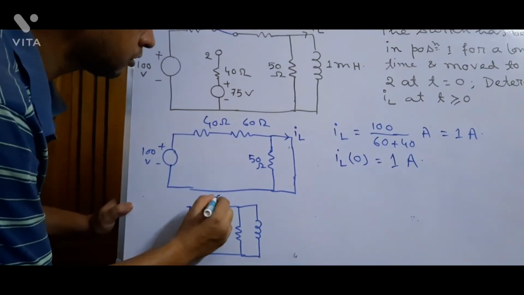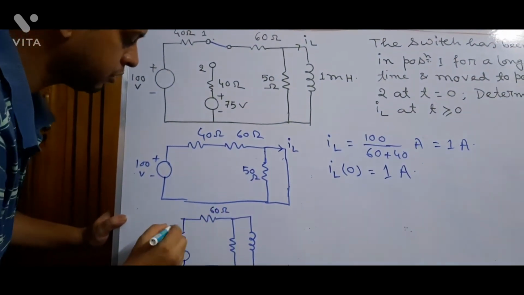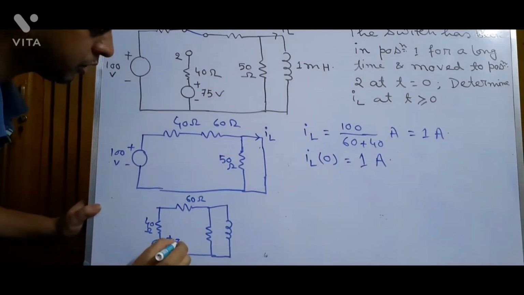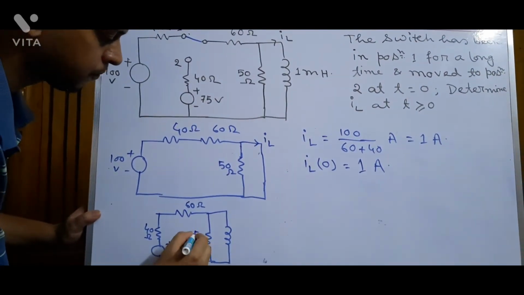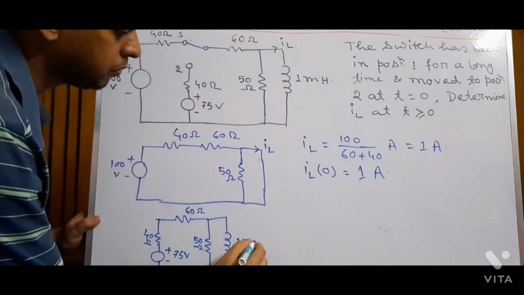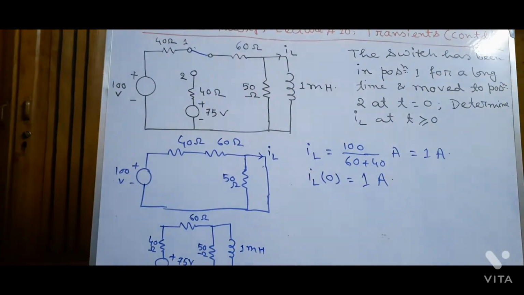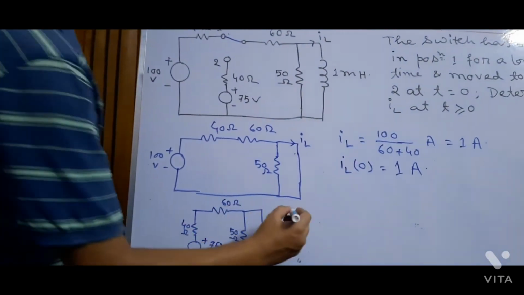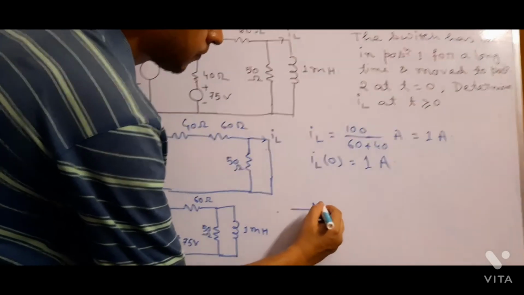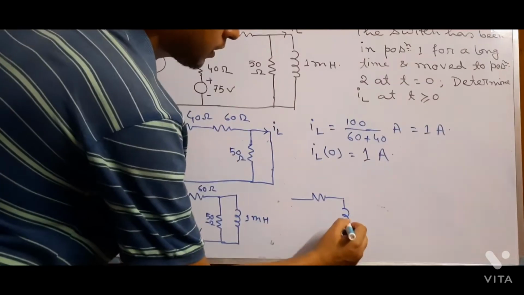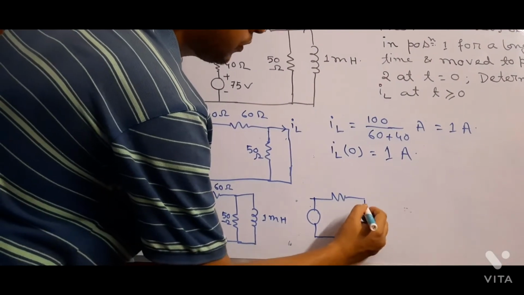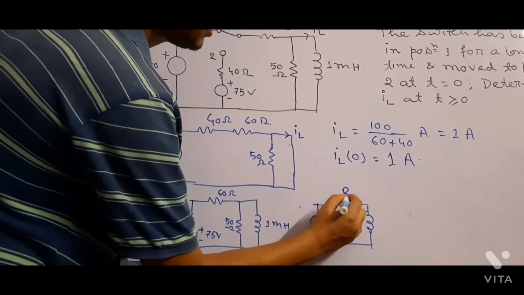This is 160 ohm resistance, this is 40 ohm resistance, this is a 75 volt DC source, this is 50 ohm resistance, and this is a 1 millihenry inductor. We have to make it an RL series circuit.